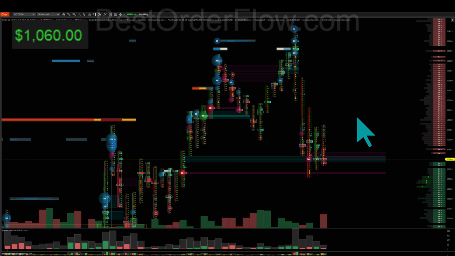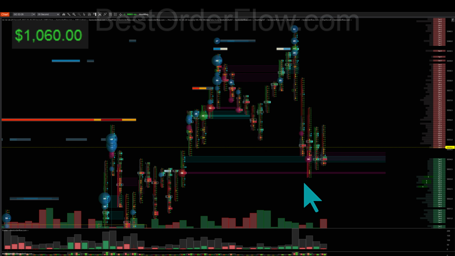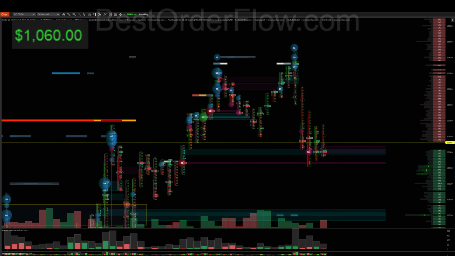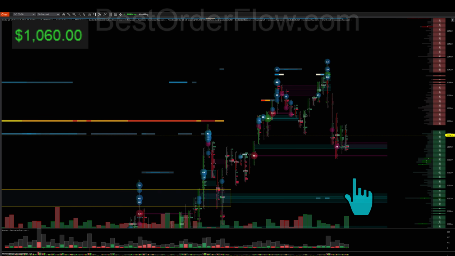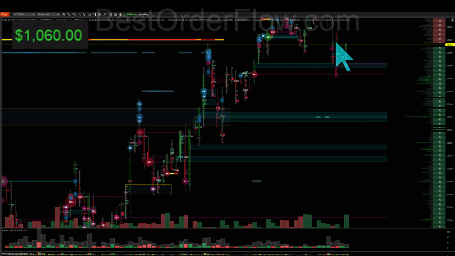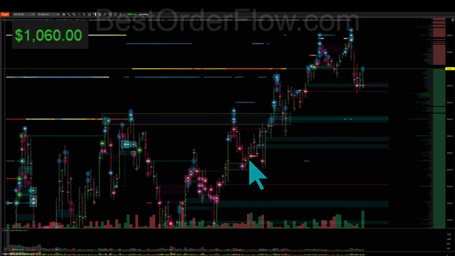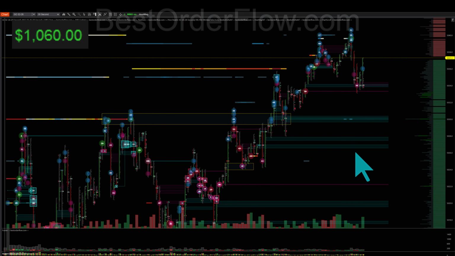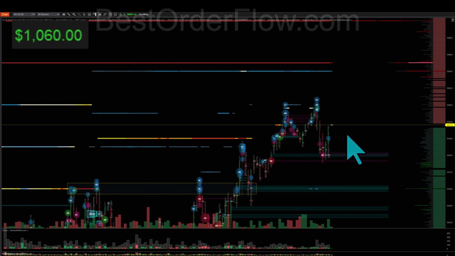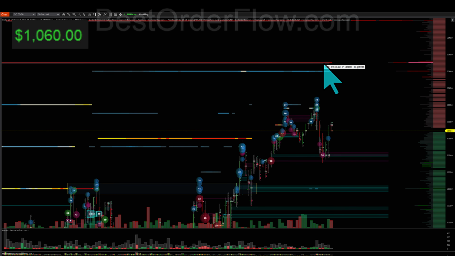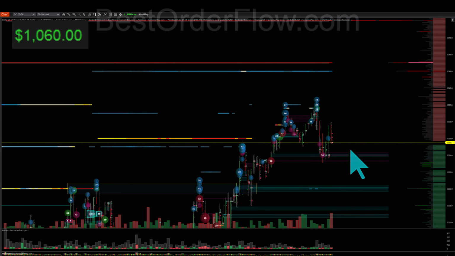Usually it is, but I'm not sure we're going to go lower unless those buyers need to release all of those orders they accumulated at this moment. Okay, now it looks like we're moving, we're accumulating. Now this is a reaccumulation, and the next liquidity is 60 over there.